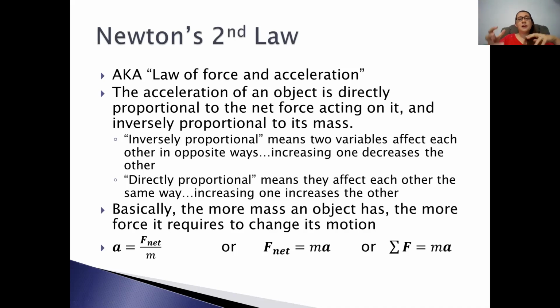So if we have a force that's pushing backwards or pushing down, those would be added as negative numbers in our sum, okay? And also, we're not going to add vertical forces with horizontal forces because, as we learned in chapter 3, horizontal motion and vertical motion are not connected to each other, they're independent.